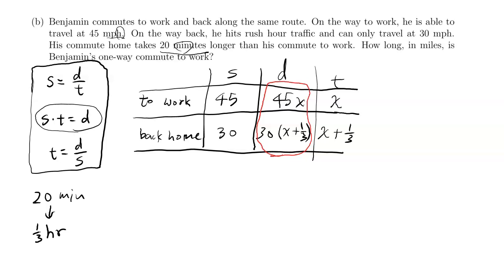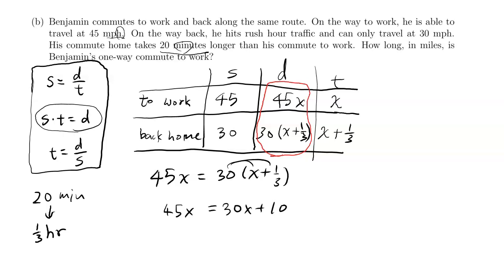Okay. All right. So we set these two equal because the distance to go to work and the distance coming back should be the same. So we write down 45x should equal 30 times x plus 1/3. Multiply this, and you get 30x plus 30 times 1/3. That's 10.